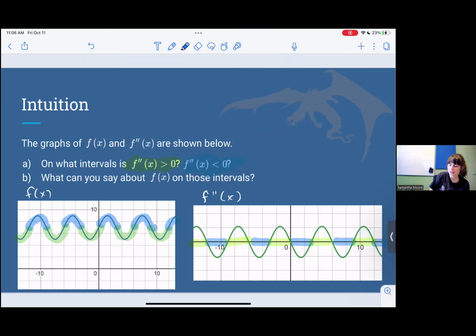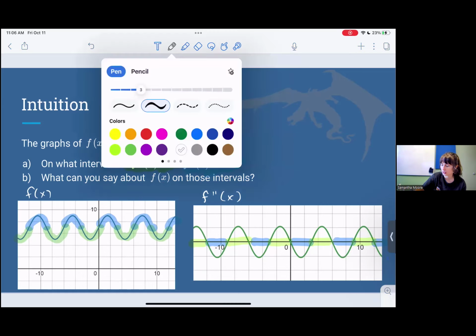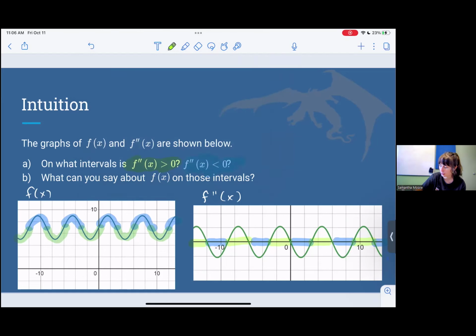Okay, so it seems like the pattern is that if f double prime of x is positive, then f of x has a shape where it opens upwards.